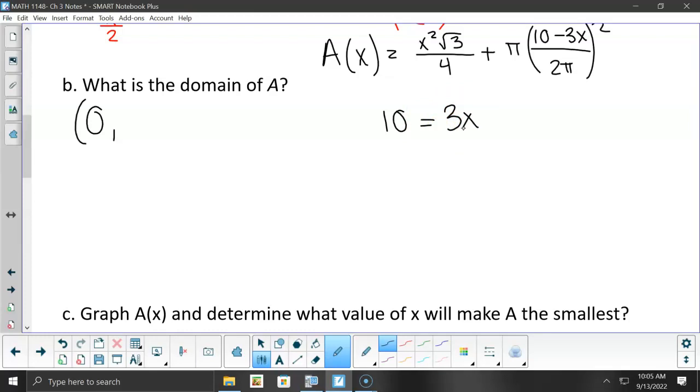So if I don't even build the circle, what's the biggest I can make for that triangle? 10 over 3, right? 10 over 3 equals x. It's divided by 3, so no repeating decimals. That's going to be the biggest triangle I can possibly make, assuming I don't make a circle. Max size for a triangle.